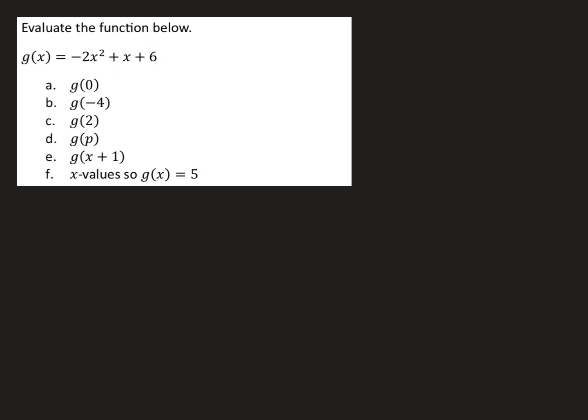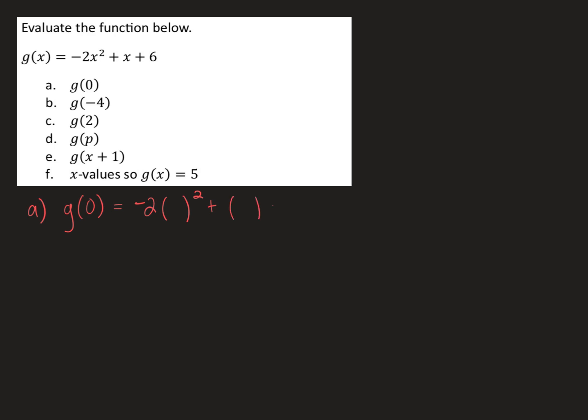So what you need to do in order to evaluate a function is a couple different things. One is recognize that the x here is replaced by a number. So when we work this out down here for part A, say g of 0, that means all of the x's will get replaced with this 0.